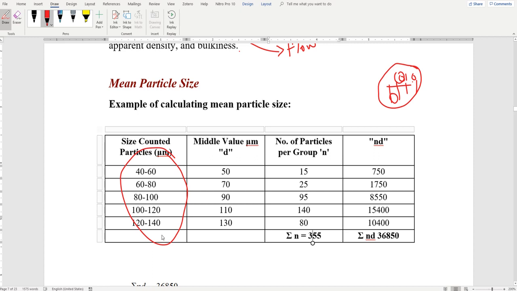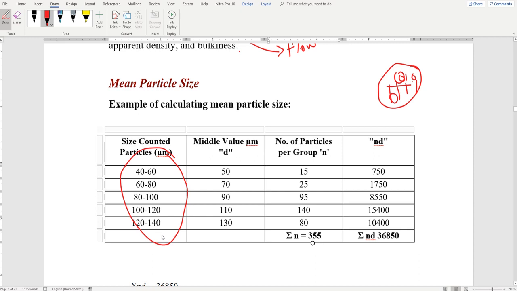It's difficult to take each particle and record its size. If you do that and take 200 sizes, you need to add the 200 sizes together and then divide them by 200. It will be a difficult way to do the calculation.